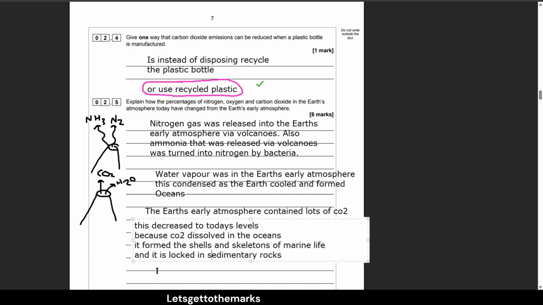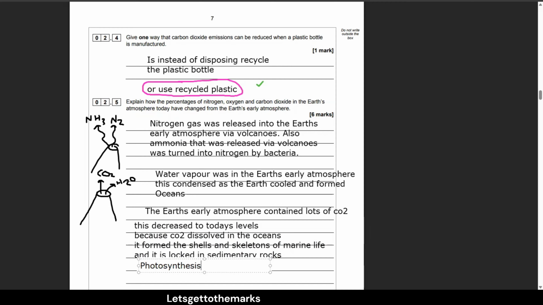And then what else happened to the CO2? Locked into rocks, dissolved into the oceans, formed the shells and bones of animals, and then, of course, photosynthesis by green plants and algae about 2 billion years ago. These were algae-like organisms.